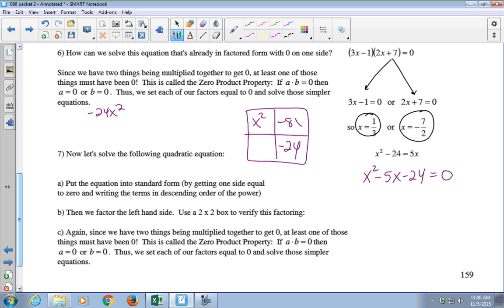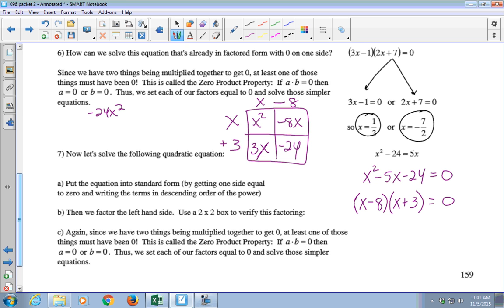Good, that was fast. -8x and 3x, right? They multiply to -24x squared and they add up to -5x. All right, so we pull out the GCF from the top, we get an x. X times x is x squared, x times -8 is -8x, x times 3 is 3x. So this factors to x minus 8, x plus 3.